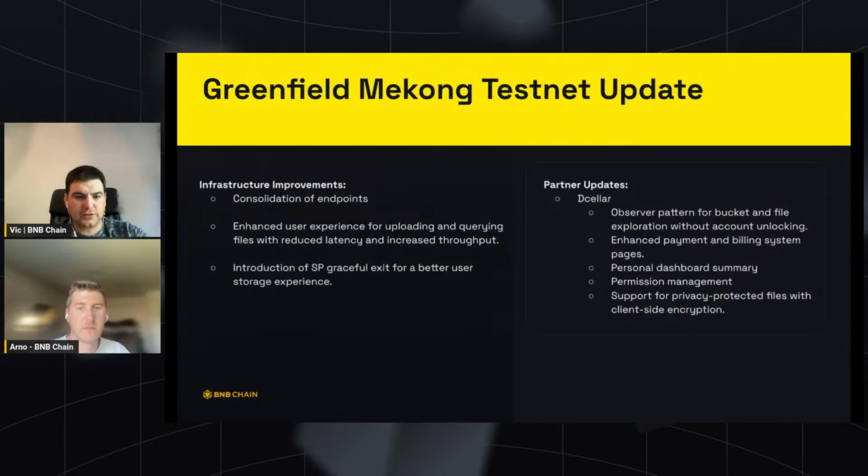Yeah, so recently there was a testnet update in the Greenfield testnet, which was called Macon, and there were a few things integrated, part of it bug fixing and regular stuff, which the team already started to work on: how to work with the storage providers, in terms of the mechanism where a user can switch storage providers and migrate files between those.